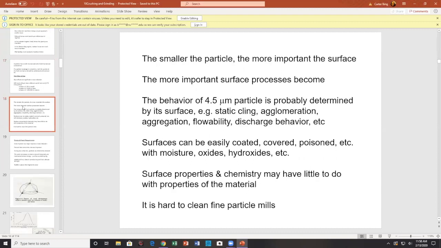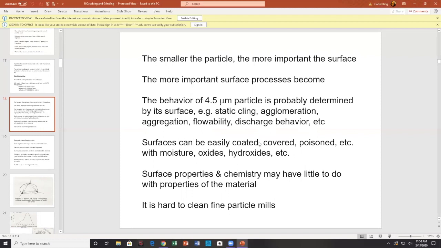The smaller the particle, the more important the surface and therefore surface forces, and the more important surface processes become. The behavior of a 4 micron particle is probably determined by its surface: whether there's static cling, whether there's agglomeration, flowability, discharge behavior, all dependent upon or impacted by the particle surface.